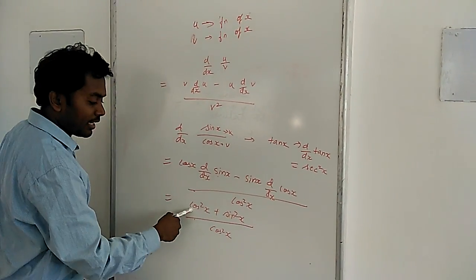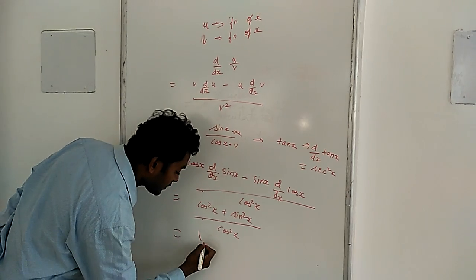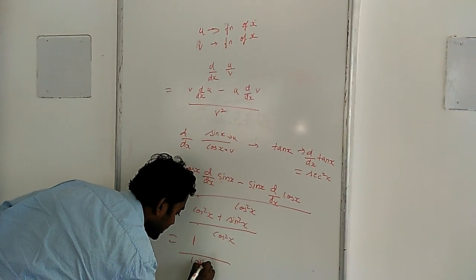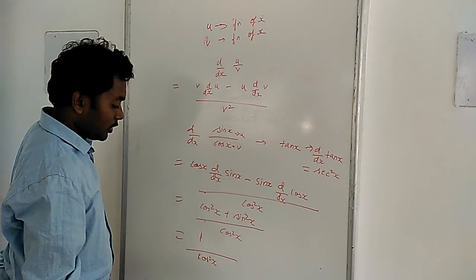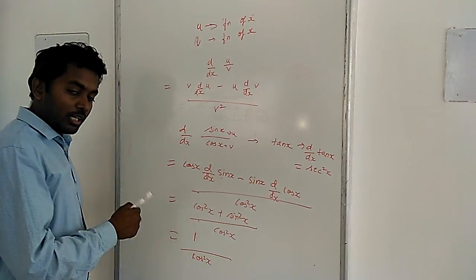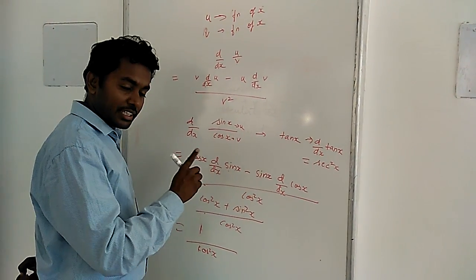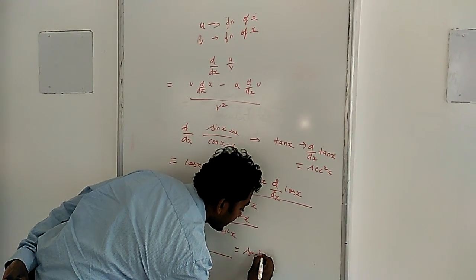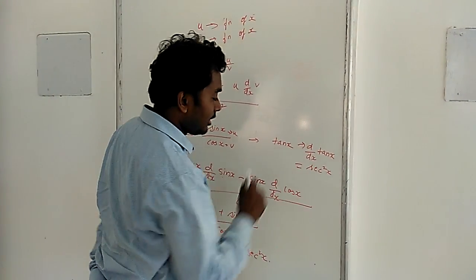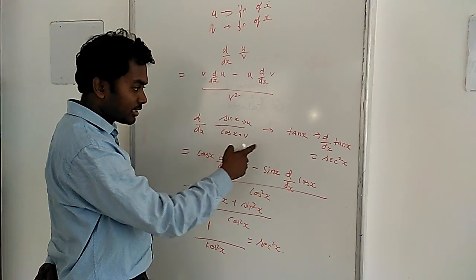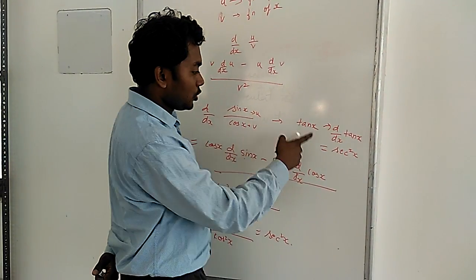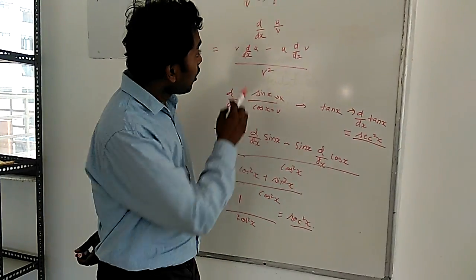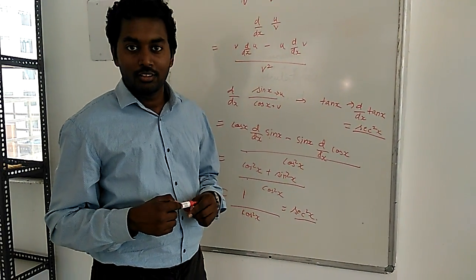Now sin square x plus cos square x always gives us 1 upon cos square x. So 1 by cos square x, as we all know, is sec square x, which is nothing but the derivative of sin x by cos x, which is tan x. So the formula is verified. You can verify it from this sum. So that is all about the u by v rule. Thank you so much.